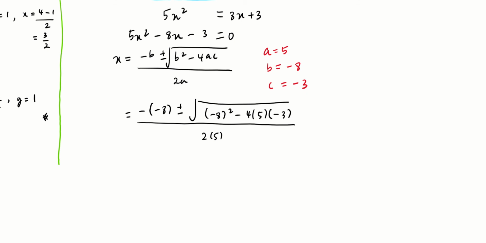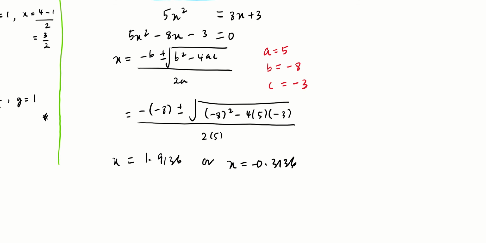Do your own calculation, because finally, check with me, you will get 1.9136. This is our first x, and another x is x equals -0.3136.